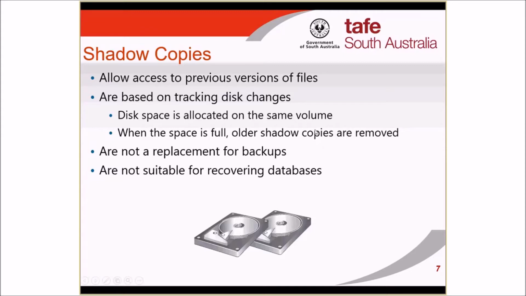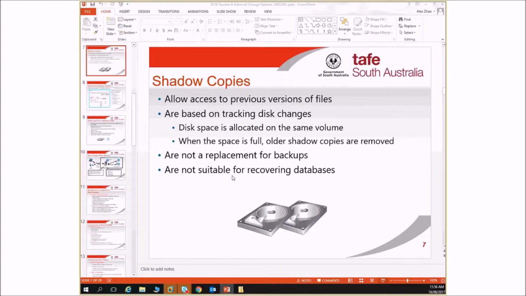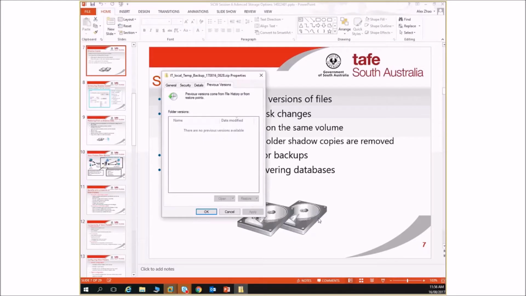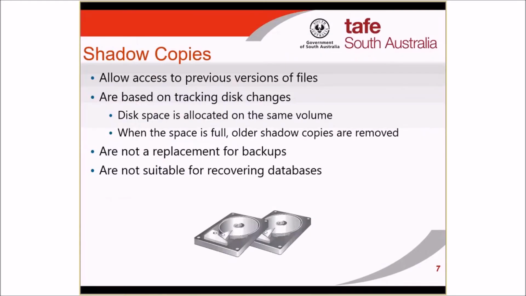I heavily stress it is not a replacement for backups. We'll learn more about backups in the future, but it's not a replacement for backups. And shadow copy is not suitable for recovering databases. Databases are a lot more complex than just simple files. So it's not suitable for that. No previous versions, unfortunately, for me to show you.